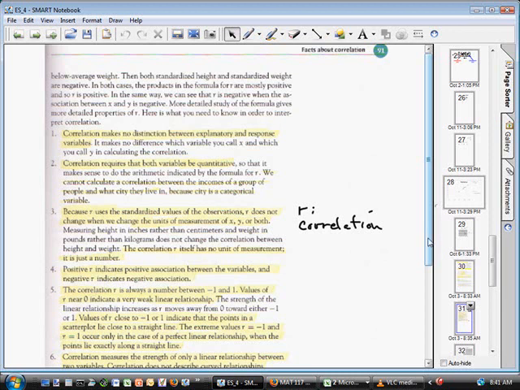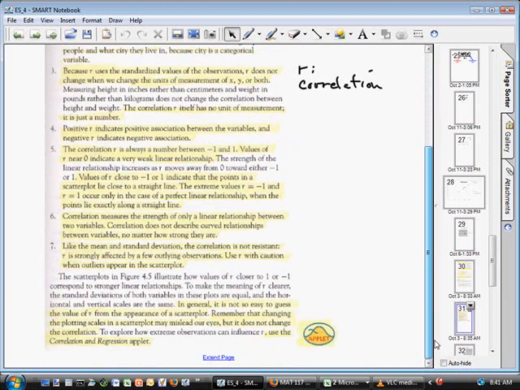Okay, let's go down to number 6. Correlation measures the strength of only a linear relationship. So what if we had a pattern that looked like this? Let's say we plotted our scatter plot and it looked like a parabola. Correlation does us absolutely zero good in that case.